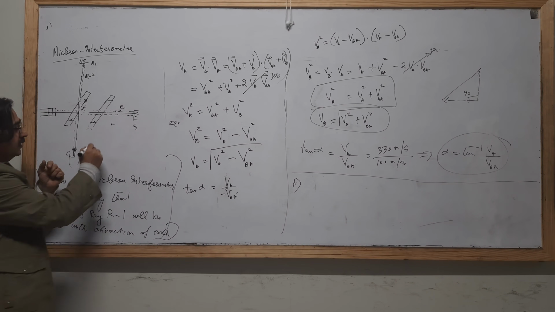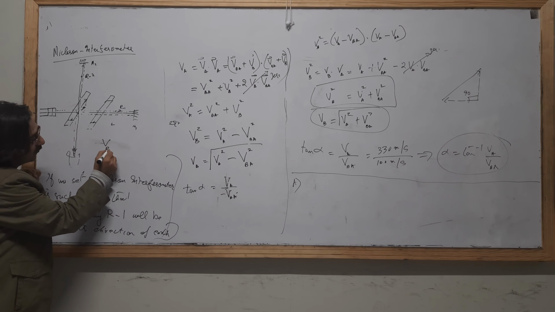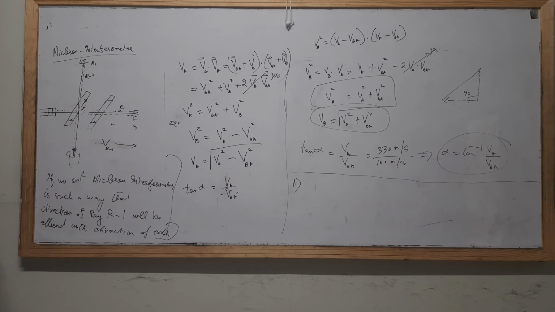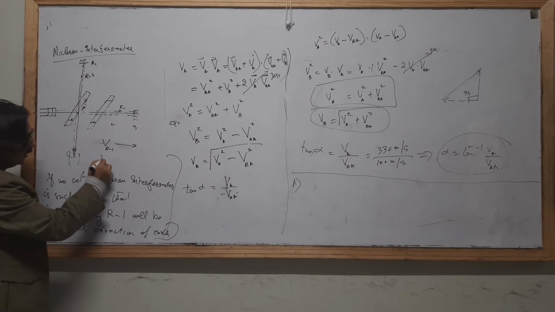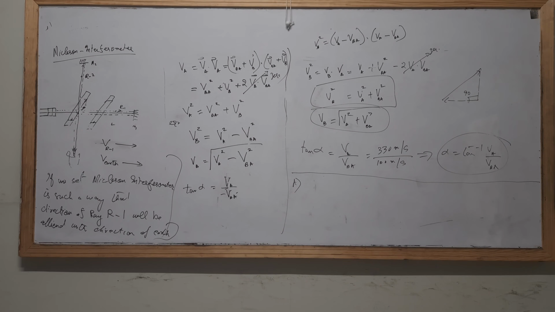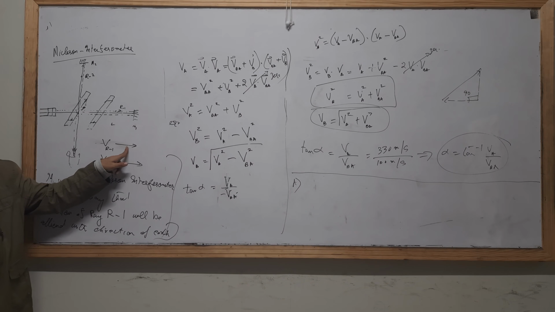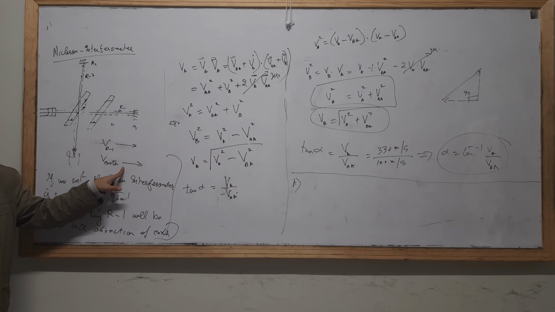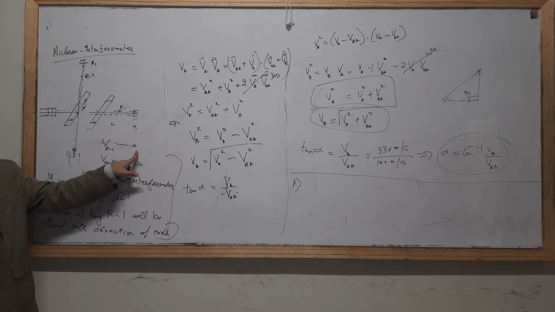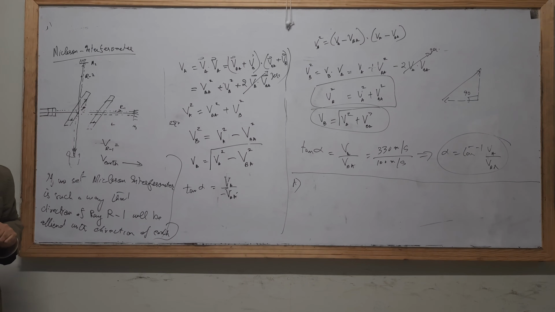This ray 1, VR1, is moving in this way, and Earth is also moving in this way. Both are aligned, they both have the same direction. The velocity of light, what is this? That will be c.